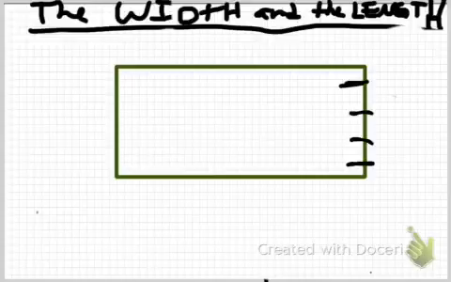Next, do 108 2/4 divided by 2, because 108 and 2/4 is the combined length of two sides. The answer is 54 and 1/4 feet.